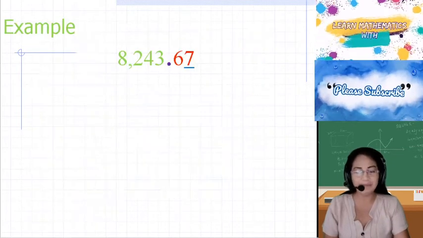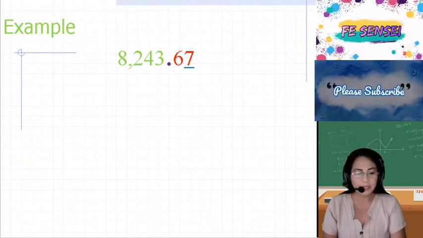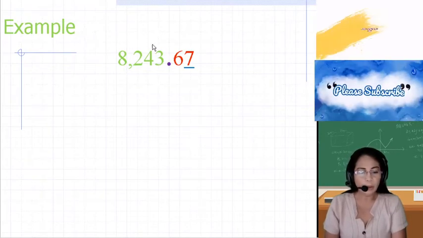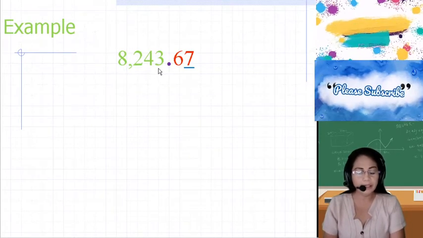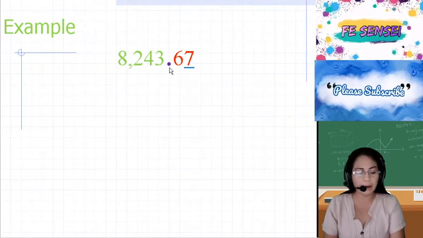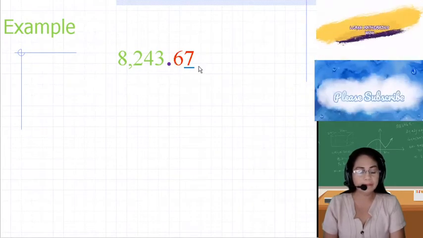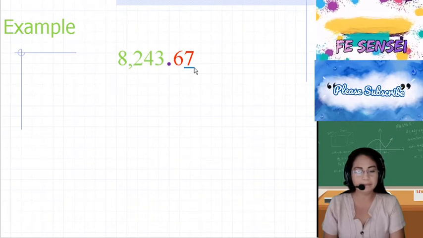Okay, let's have some examples. So this is the number. We have here the whole number separated by a decimal point and the decimal.